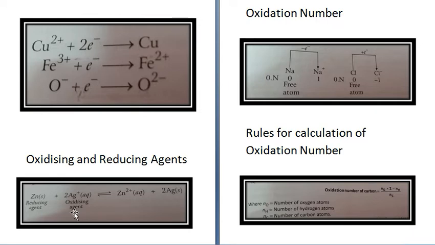Like for example, Zn plus 2Ag plus is giving you Zn2 plus plus 2Ag. Now in this, Zn is getting converted to Zn2 plus. So cation is formed when 2 electrons are lost. So this is acting as reducing agent. And those 2 electrons are being accepted by silver. So silver here is acting as oxidizing agent.